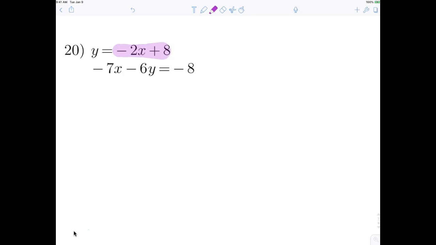Do you agree that y is equal to negative 2x plus 8? That means wherever I see a y, I can replace it with negative 2x plus 8. You hear me? So I have y, or negative 7x minus 6. I'm replacing y with negative 2x plus 8.